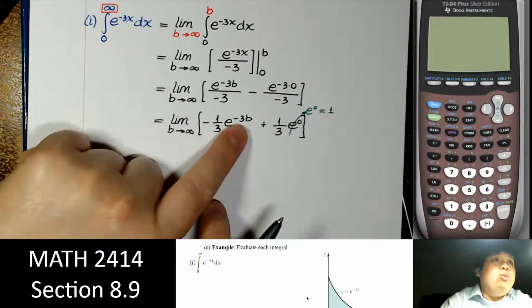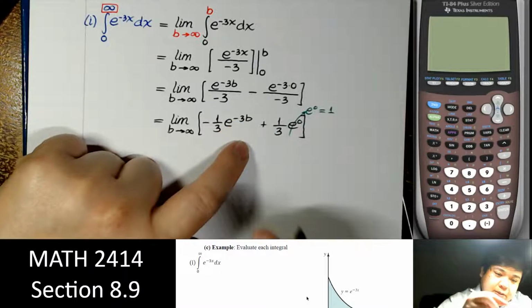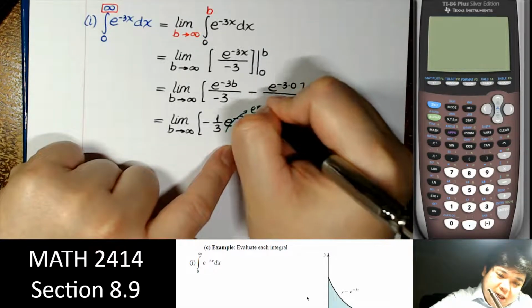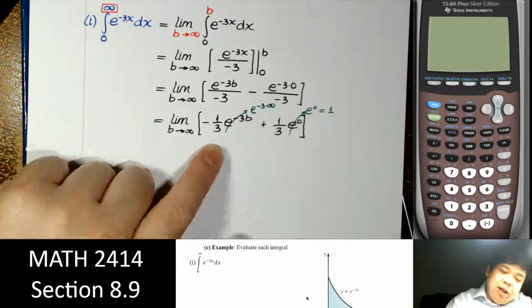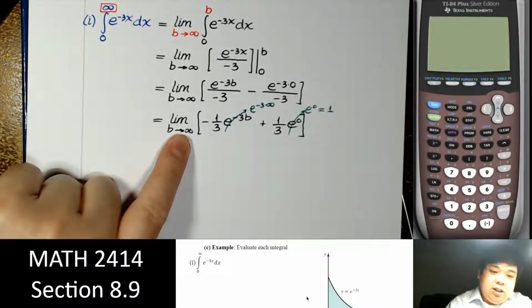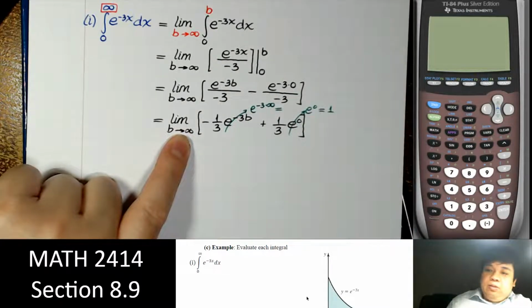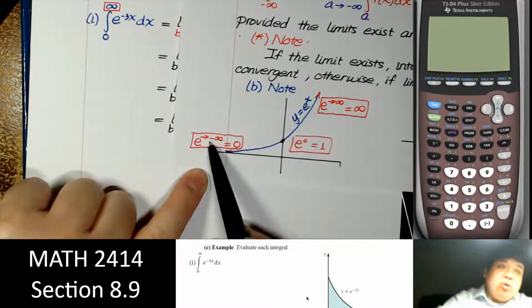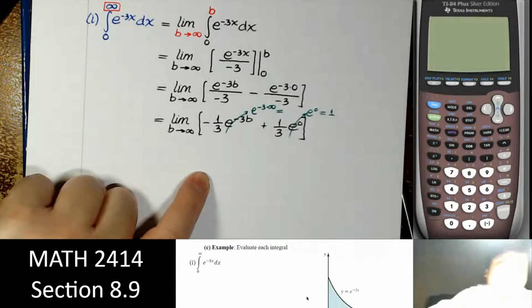Now what happens if we put infinity in here? What is e to the negative 3 times infinity? e to negative infinity, well, that's why we did this first. When the exponential function goes to negative infinity, that is equal to 0.